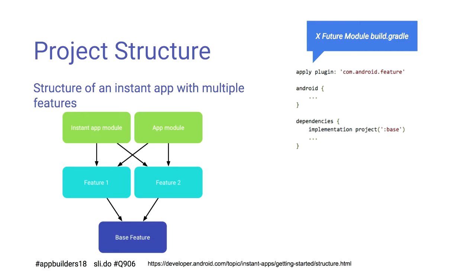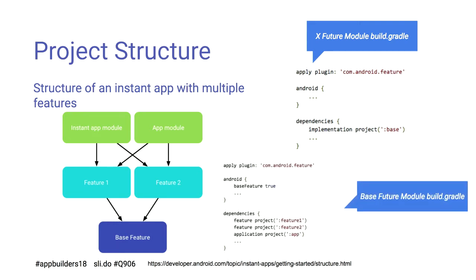Every feature should be written as a feature in the Gradle file and needs the base feature as a dependency. In our base feature, we need to give each feature as a dependency in the Gradle file.